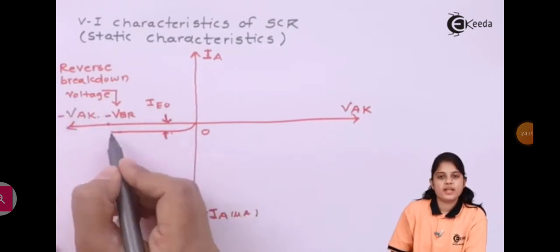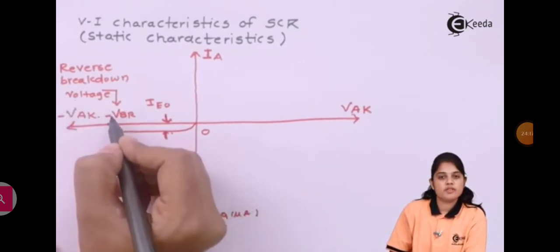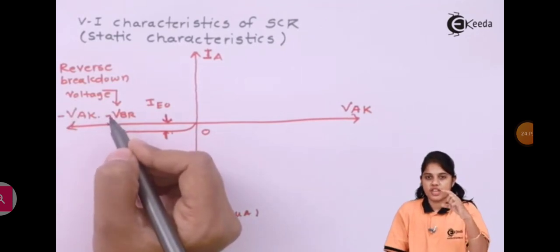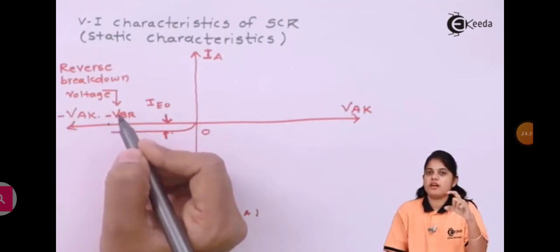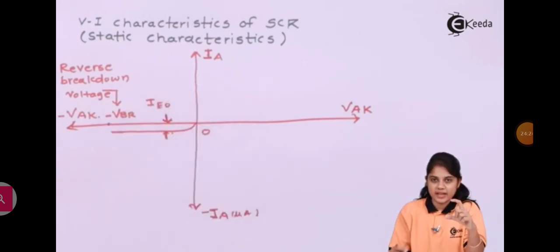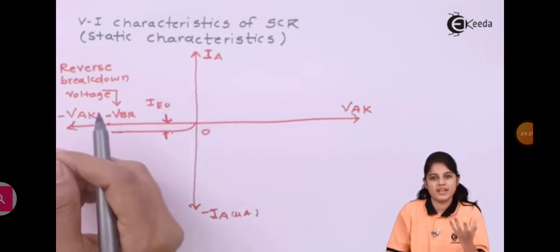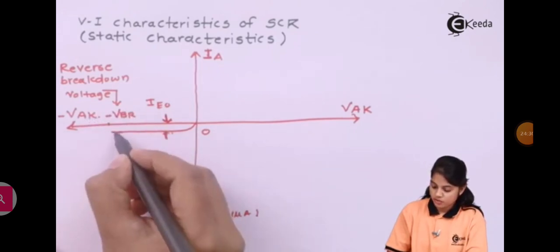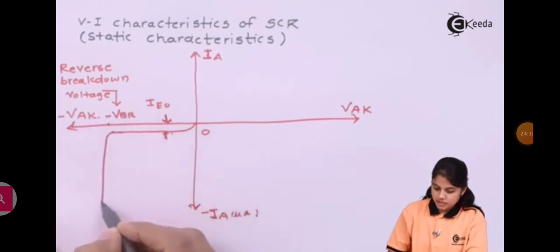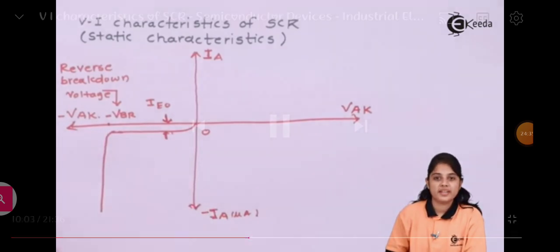When my voltage reaches the reverse breakdown voltage, junctions J1 and J3, which were reverse biased, will break down, and due to avalanche breakdown there will be a flow of carriers, which will cause a large current to flow through the device.